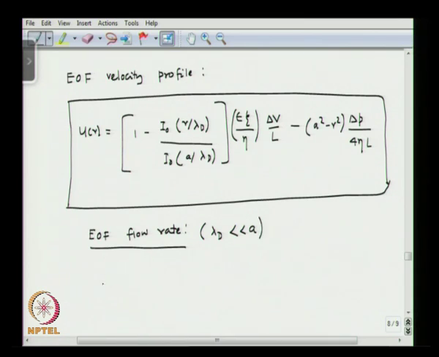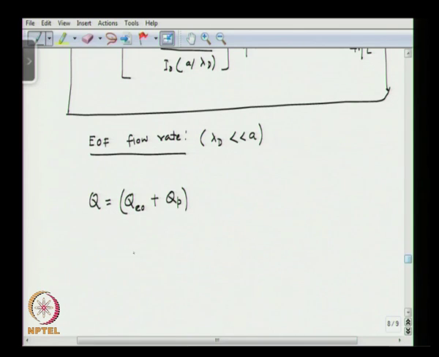So, if you do that, we would get the total flow rate Q will be Q electroosmotic plus Q pressure driven, and we can write this as pi a square into u electroosmotic, and the QP we can write this as minus delta P over R hydraulic, okay, because this is in the negative direction.